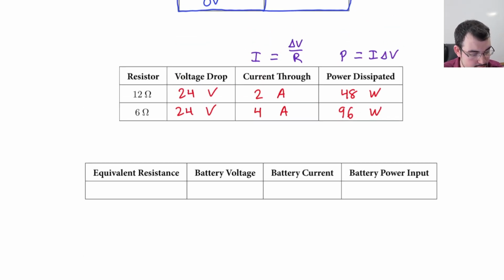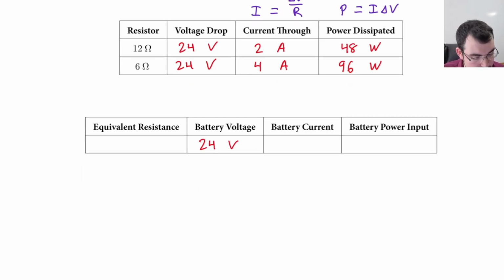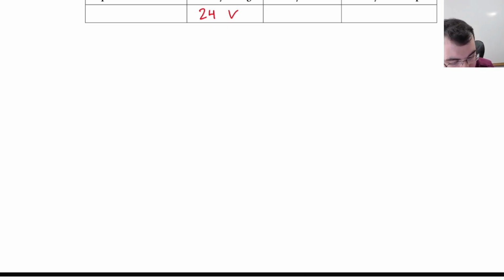So battery voltage was 24 volts. We knew that. So what is REQ? Well, in parallel, REQ is equal to the sum of the reciprocals, and then you reciprocate that.